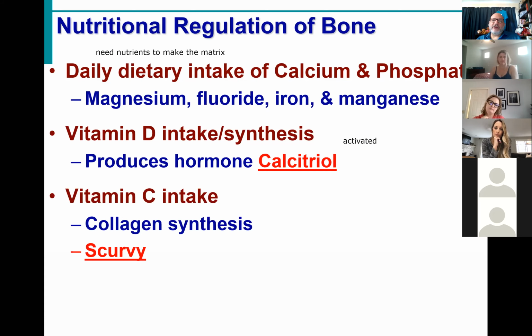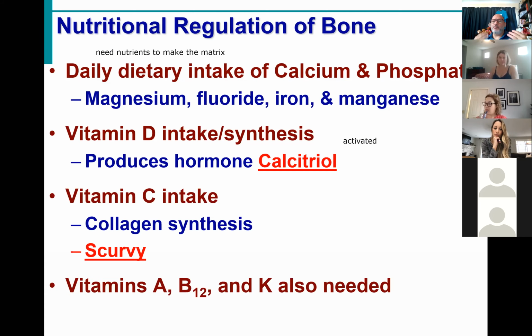Notice so far, everything we've talked about is involving the matrix of our bone, but let's not also forget about our bone marrow as well. Things like vitamin A, vitamin B12, vitamin K are all vitally important for making bone marrow or the cells associated with bone marrow. Vitamin K and vitamin B12 play a vital role in the making of red blood cells.